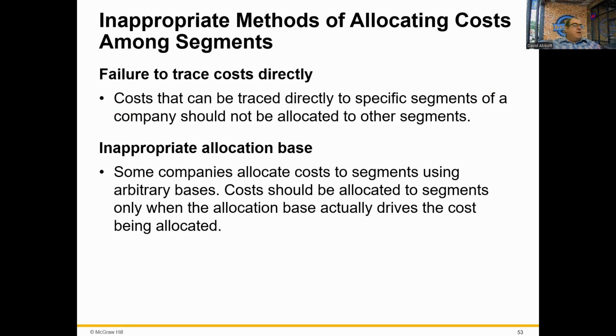Okay, inappropriate methods for assigning traceable costs to segments, and also the failure to trace costs directly. Costs that can be traced directly to specific segments of a company should not be allocated to other segments. Rather, such costs should be charged directly to the responsible segment.